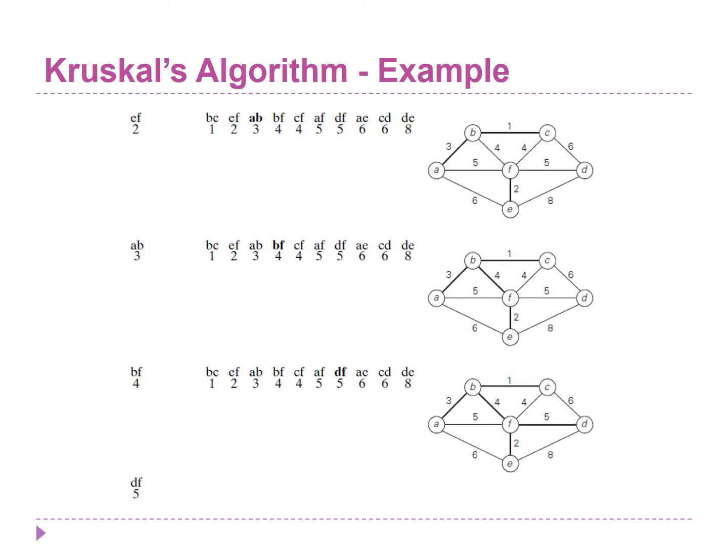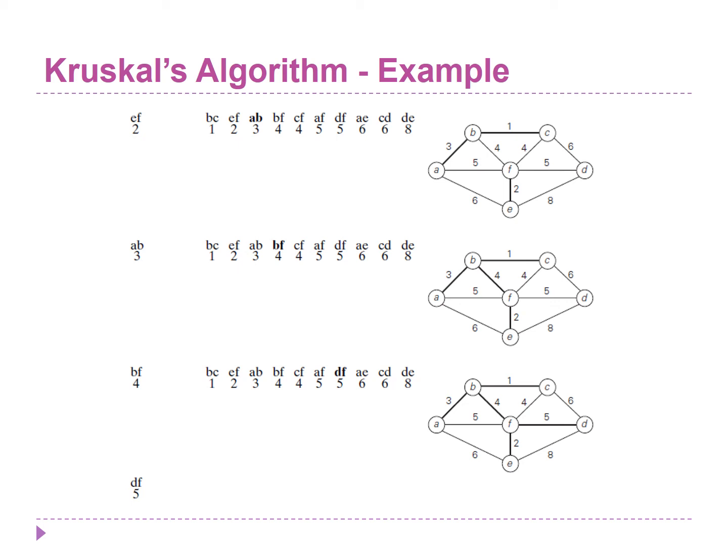The edge AB with an edge weight of 3 is the next minimum, and it does not form a cycle with the edges included in the minimum spanning tree, and hence, as per Kruskal's algorithm, it is included as the next edge in the minimum spanning tree.